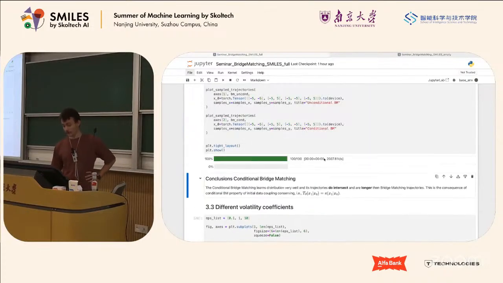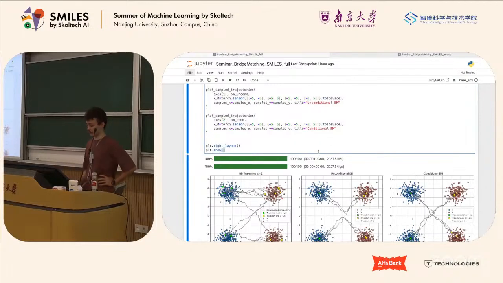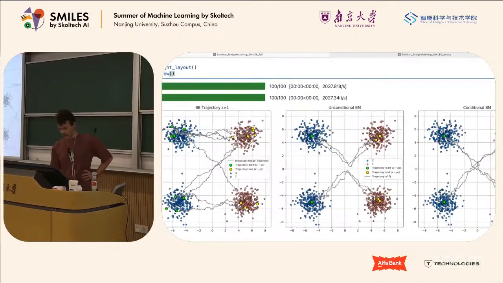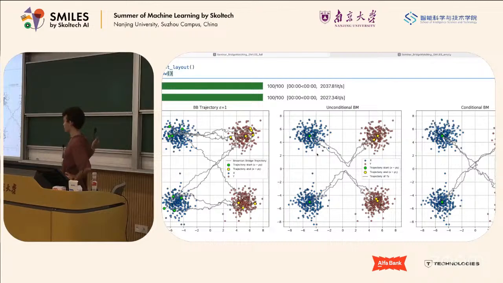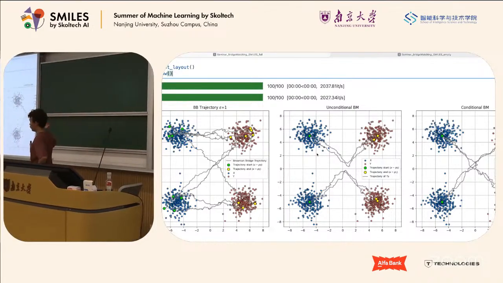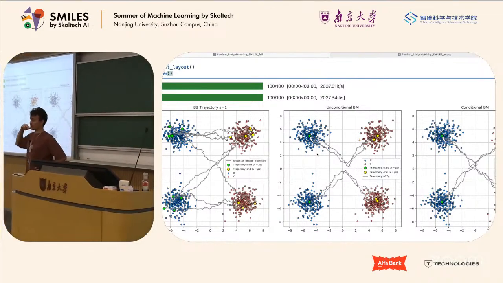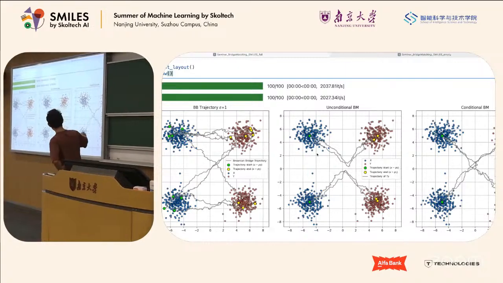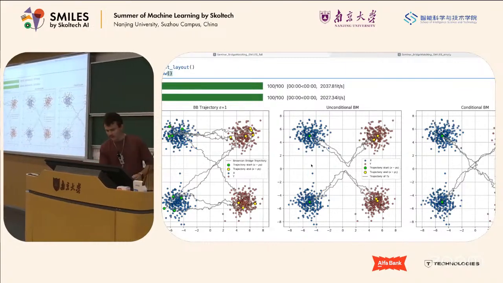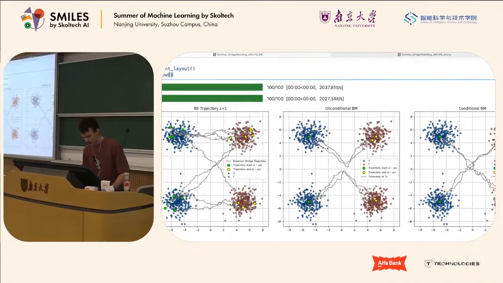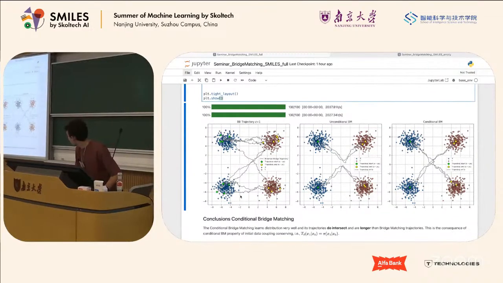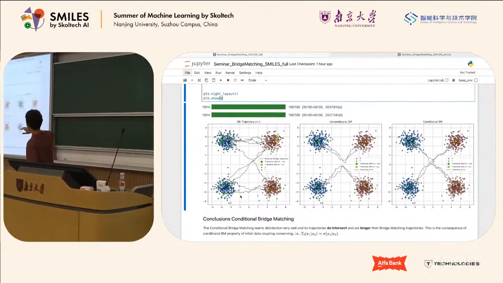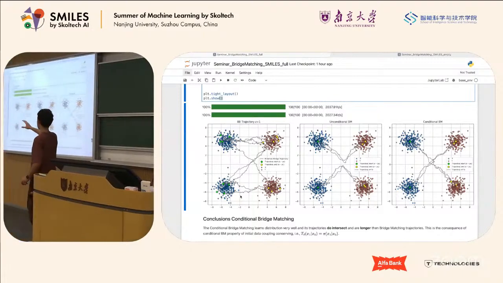Now what is interesting here is if we take a look at the trajectories. Here we have three plots, right? Again, on the left, we have the starting reciprocal process.